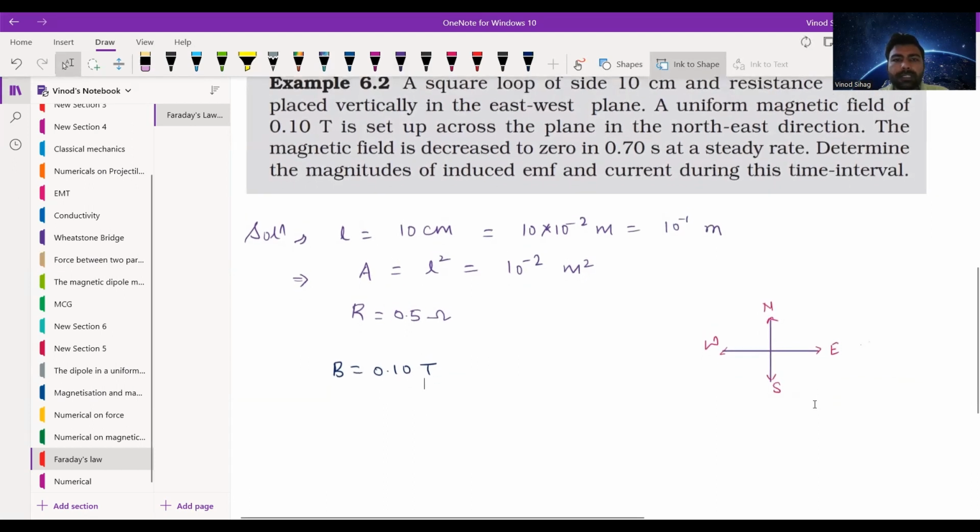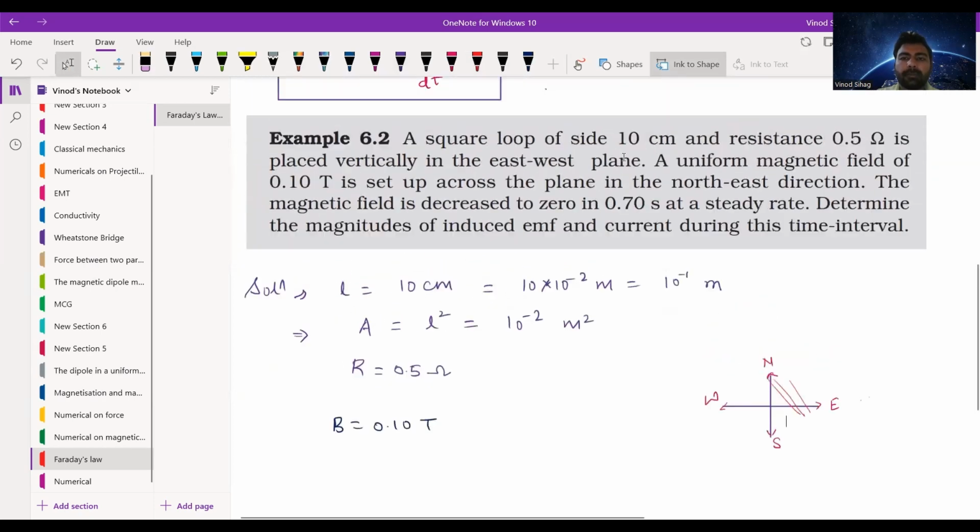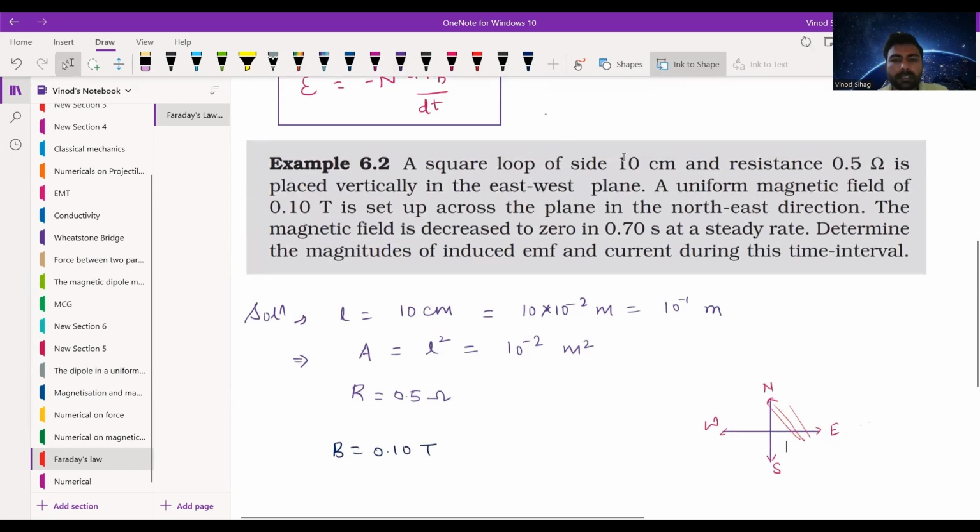And now we have to determine the magnitudes of the induced EMF. Okay, so let me draw here. The magnetic field is basically, if we draw the magnetic field, it will be like that. Okay, so we know the northeast direction and the east-west direction, the angle between them.